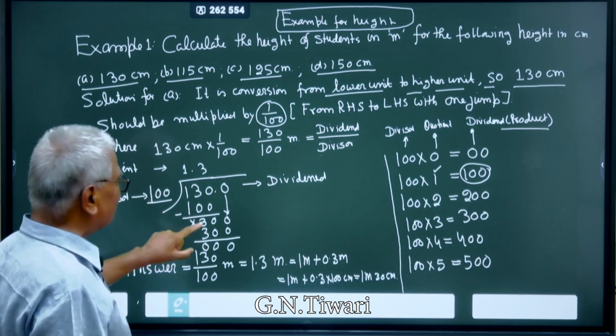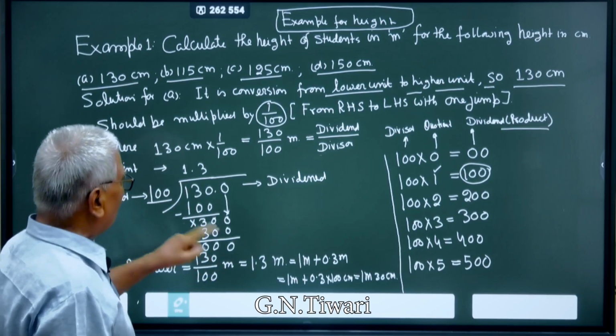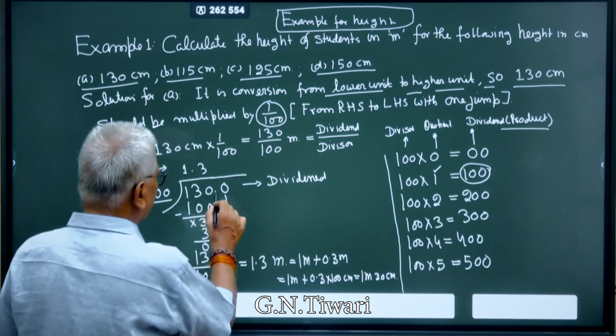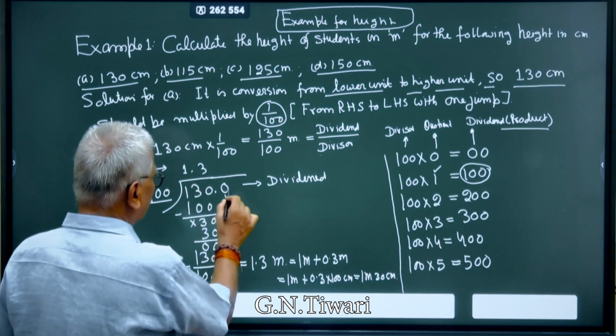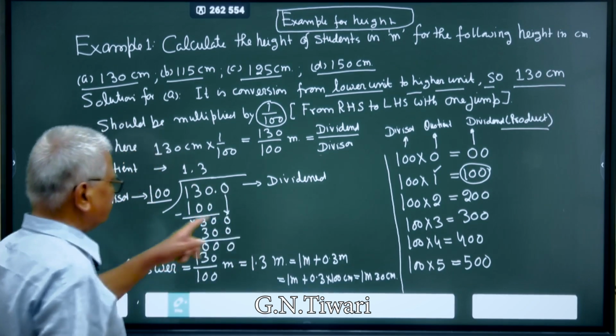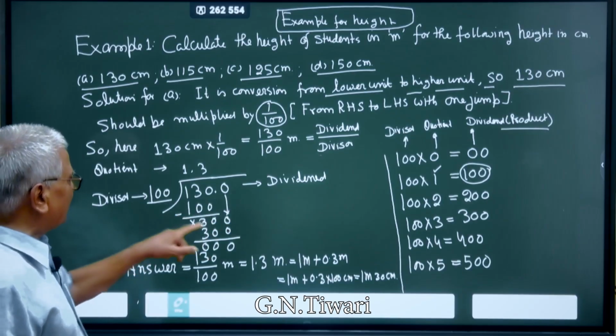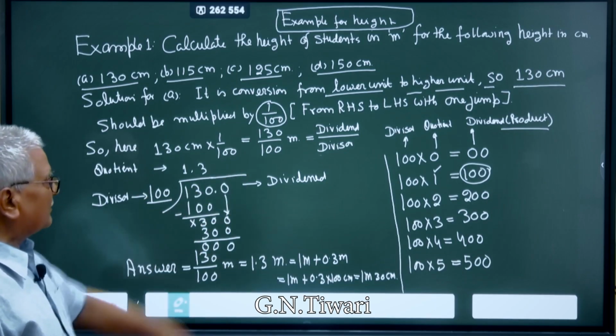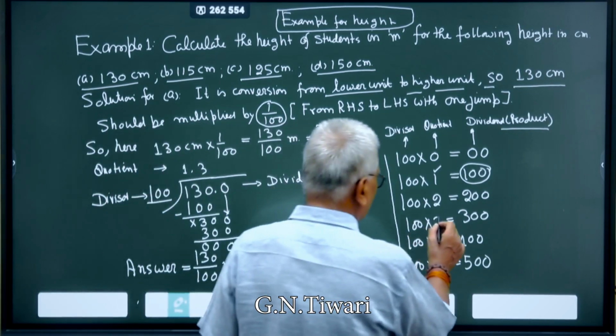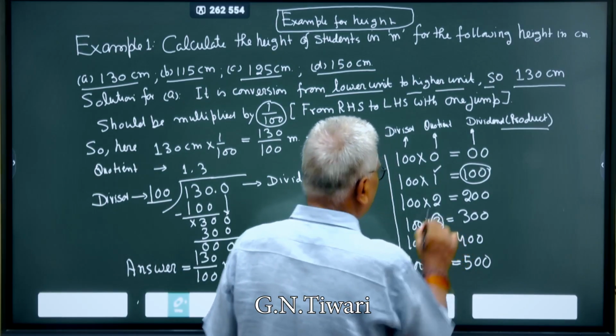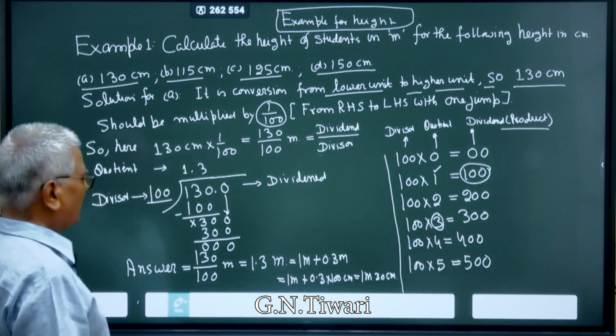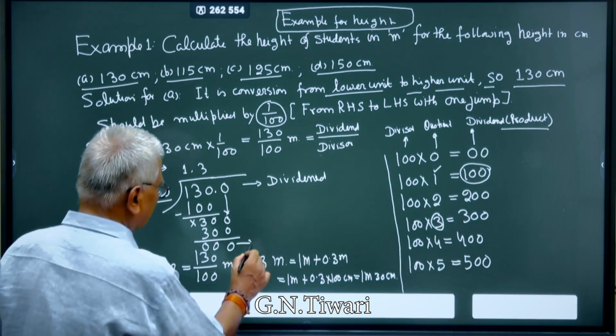30 is less than the divisor, so you have to make it more. For that, you put a point here and bring down 0. 300. Again here 300, the dividend, becomes higher than 100. So go to this table: 300 is coming, the quotient is 3. Put 3 here, and again the remainder is 0.